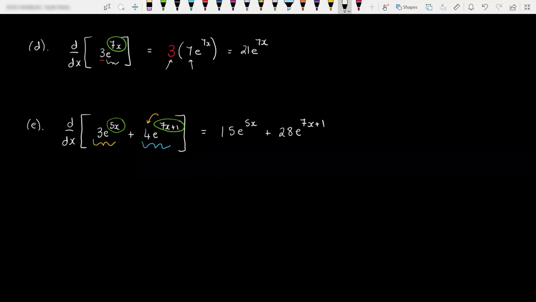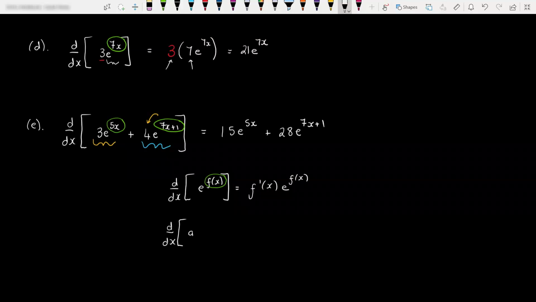So the main rule, once again, that we're using is if you differentiate e to the power of f of x, that is equal to f prime of x, or in other words, the derivative of your f of x, multiplied with the original e to the f of x function. And if you just have a value in front of your e, you can think of the law like this.